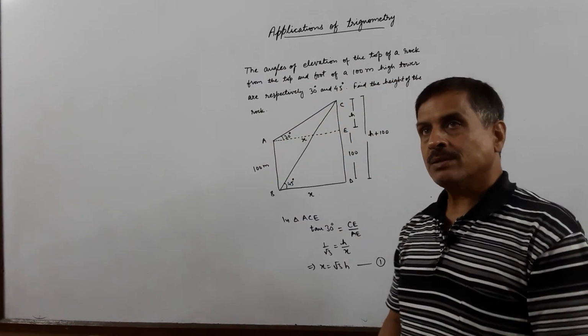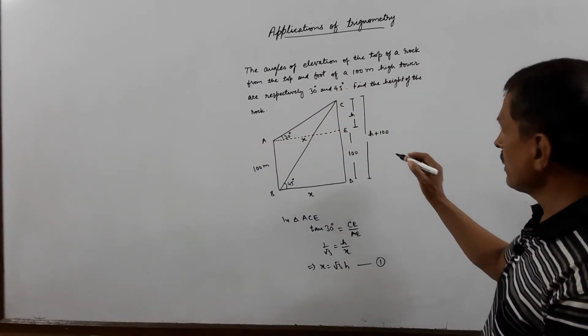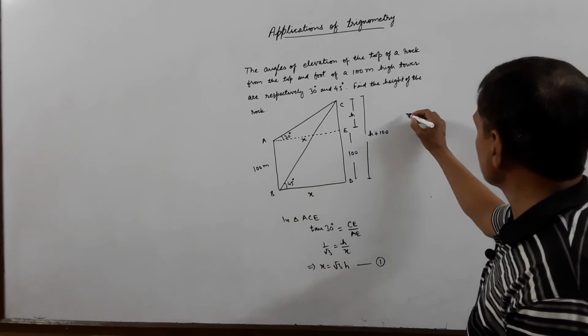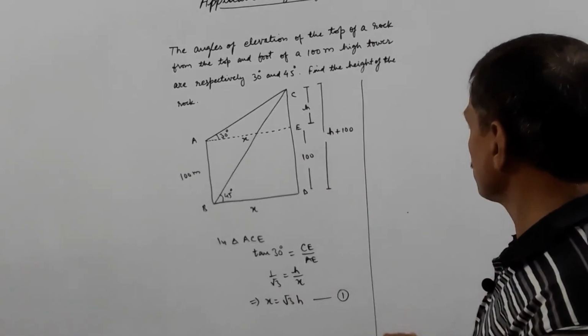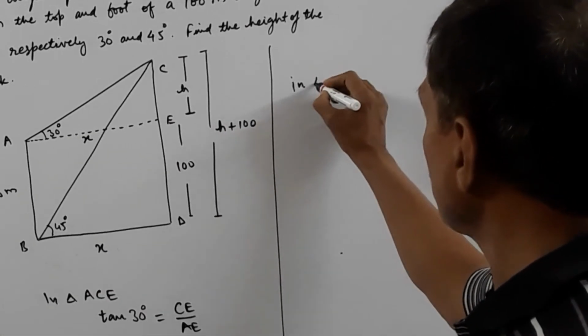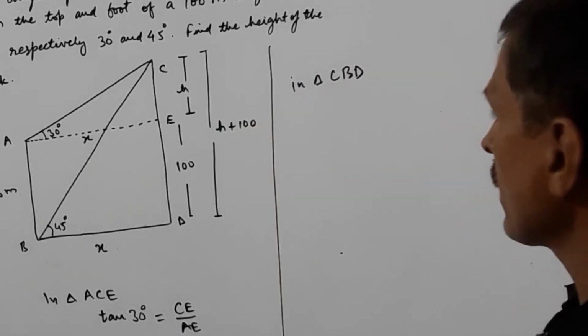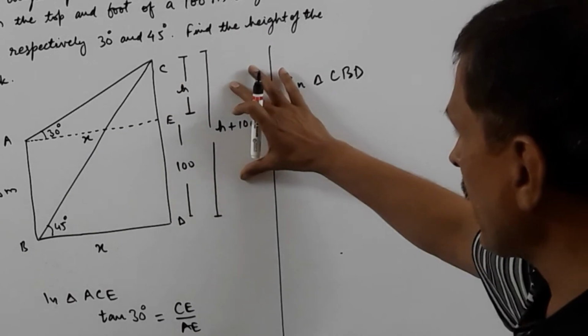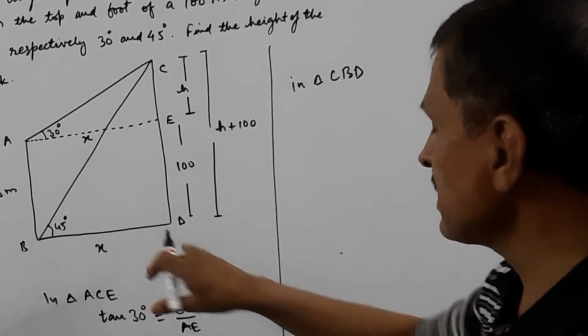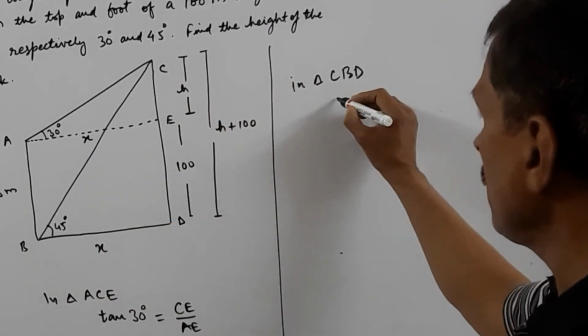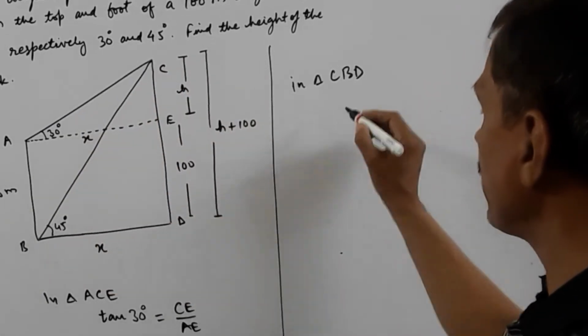Now we consider triangle CBD. In triangle CBD, CD perpendicular is H plus 100 and base is x. Angle of elevation is 45 degree.